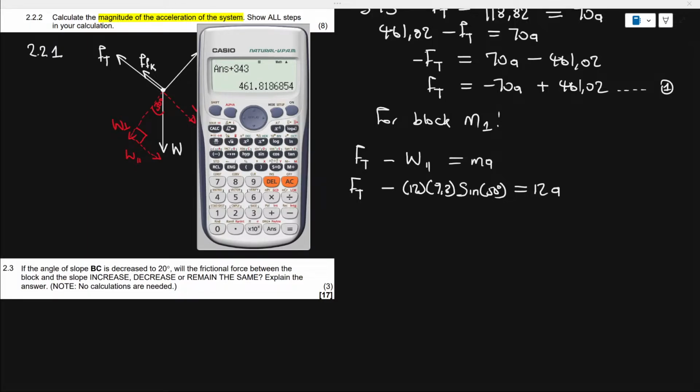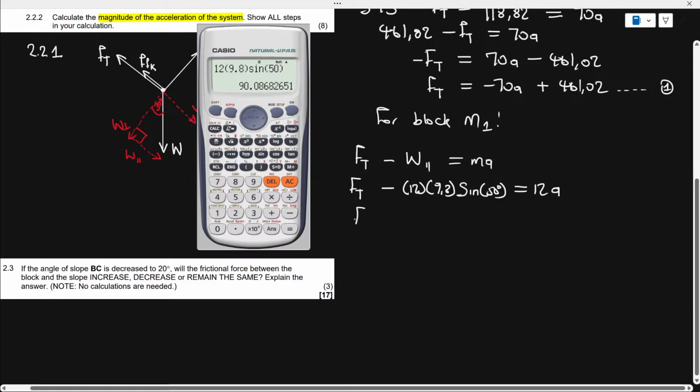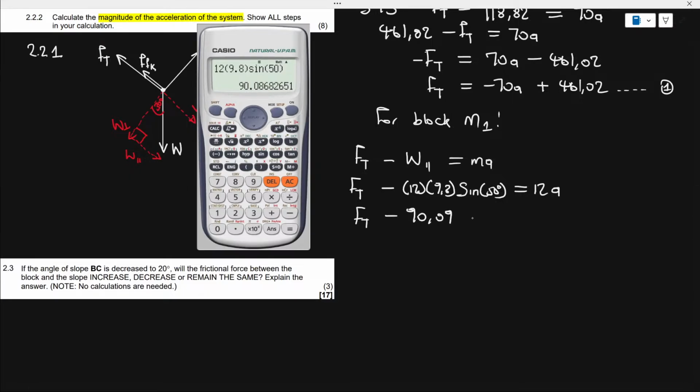So this time around we've got 12 multiplied by 9.8 multiplied by the sine of 50 degrees, and that will be equal to 90.09. So here we've got Ft minus 90.09 equal to 12a. Now, at this point, we do not even have to manipulate this equation further. So let's just call it equation number 2.